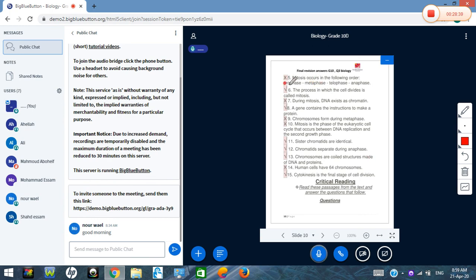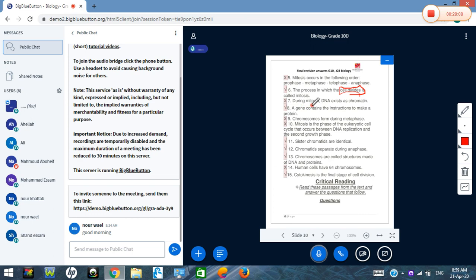So it will be wrong. The right one is prophase, metaphase, anaphase, telophase. Number 6, the process in which the cell divides is called mitosis. Cell divides or nucleus divides is called mitosis. It's right.